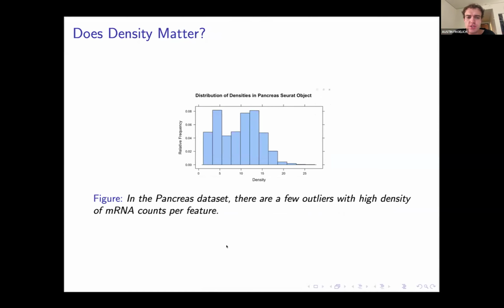I'm very interested in looking at the density of the RNA expression. I know that part of the pipeline is normalizing the data, but I'm interested in whether there are more cells with more RNA counts on average per feature than others.